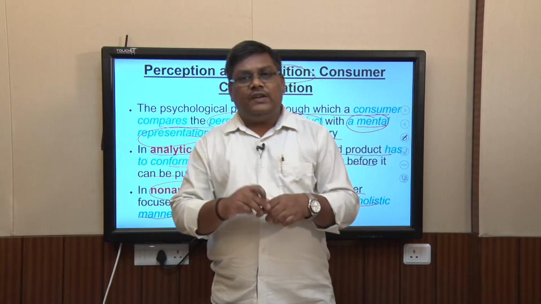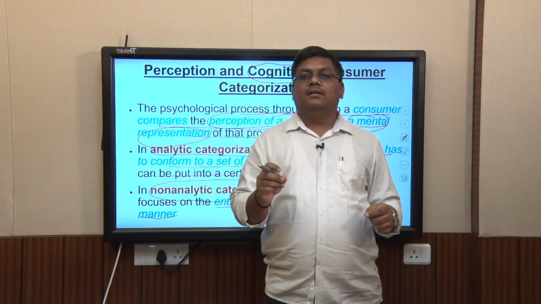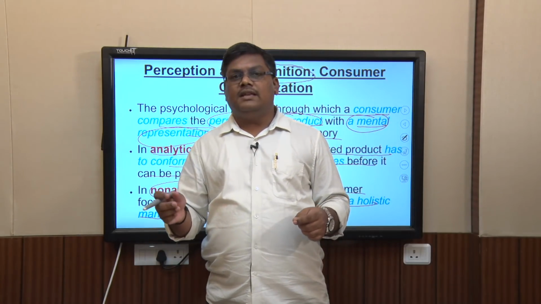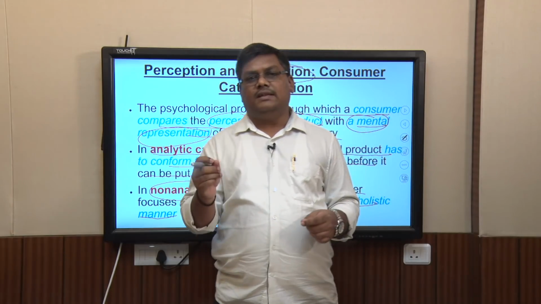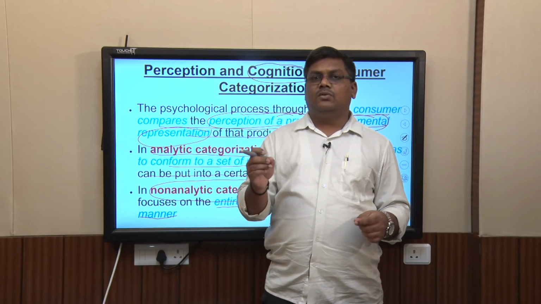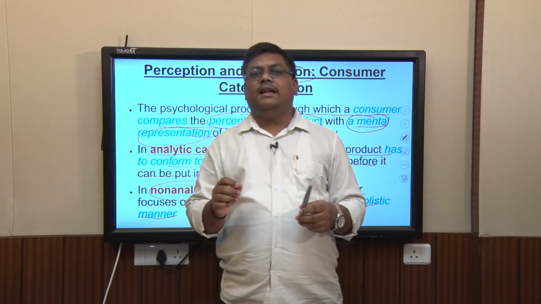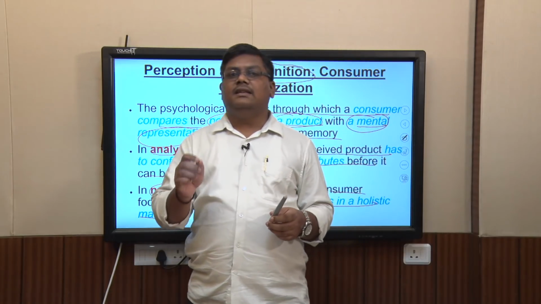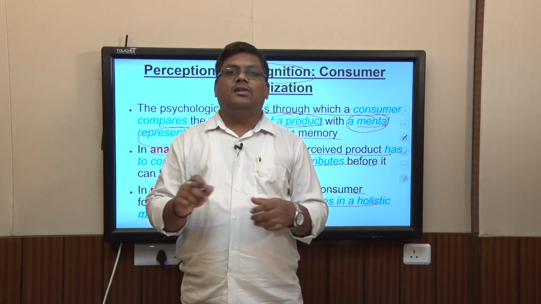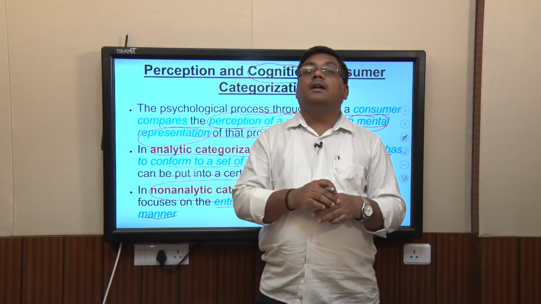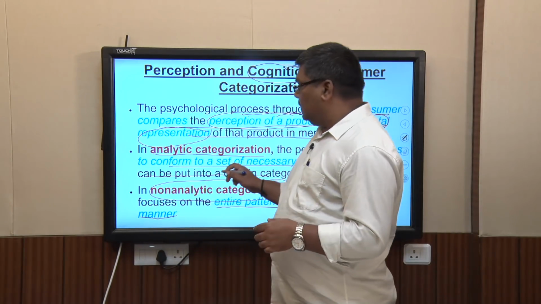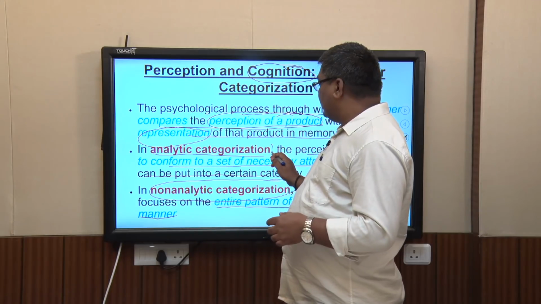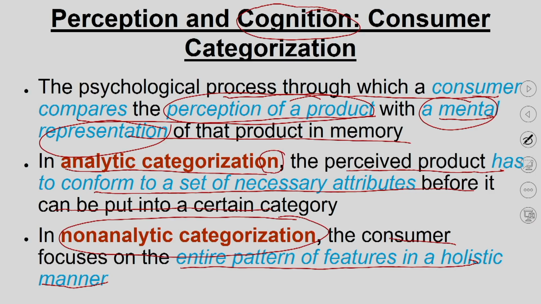So if the consumer thinks a beer to be beer just because it has a particular kind of taste, he takes the new beer, tastes it, likes the taste, and that is the reason he says this is beer, whether it is alcoholic or non-alcoholic. If alcohol is one factor on the basis of which a new drink is categorized as beer, but the consumer by taste itself is categorizing something as beer, then it is non-analytical.